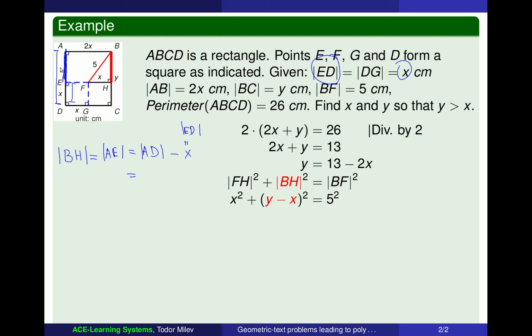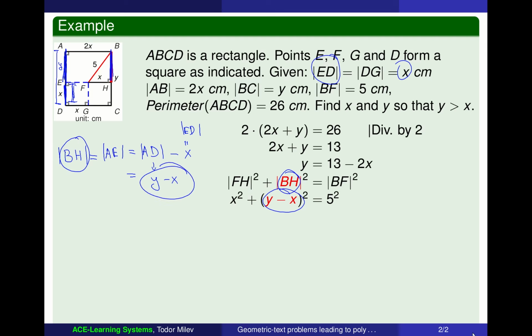But the large segment AD, that's the same as BC, so that is y. So the segment BH, this segment here, is y minus x. So segment BH is y minus x.